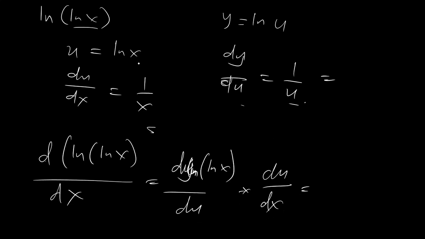Now u is equal to ln x, so we put it here: 1 over ln x.